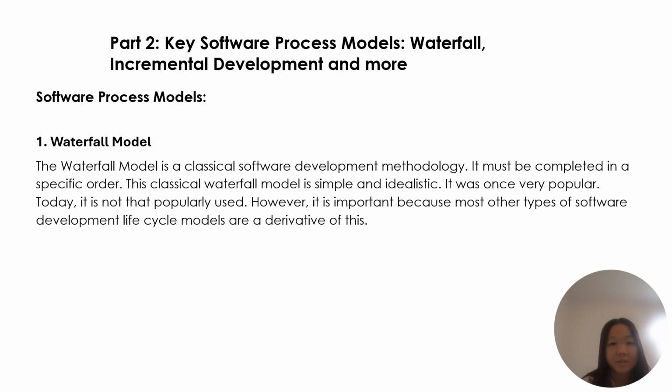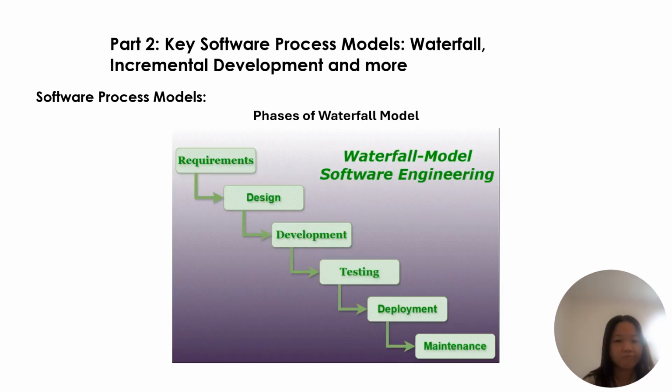The waterfall model is a classical software development. It must be completed in a specific order. It was popular, but now it is not popular. So this is the step of the waterfall model.